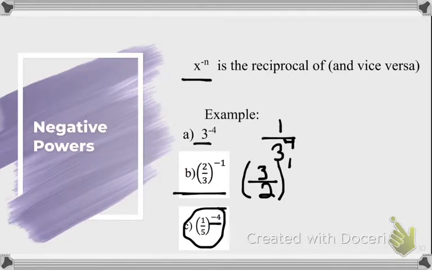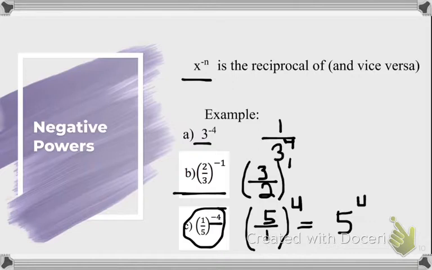Since it's a negative exponent, I'm going to flip the fraction. So I'm going to have 5 over 1 to the power of 4. But when anything is over 1, we can make that 1 imaginary. And we can just write this as 5 to the power of 4.